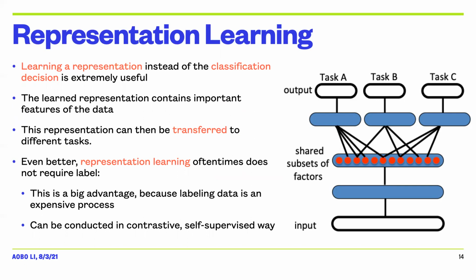This is a very big advantage because labeling data is an expensive process, and in the real world, labeled data are hard to acquire compared to unlabeled data. I think that's also what we see in a neutrino experiment. And representation learning can be conducted in a contrastive self-supervised way, which we will discuss later.